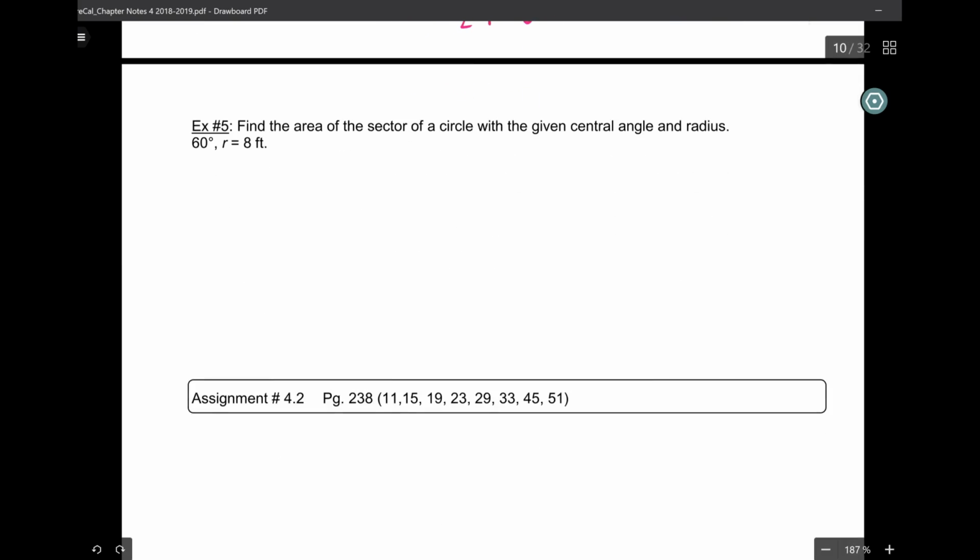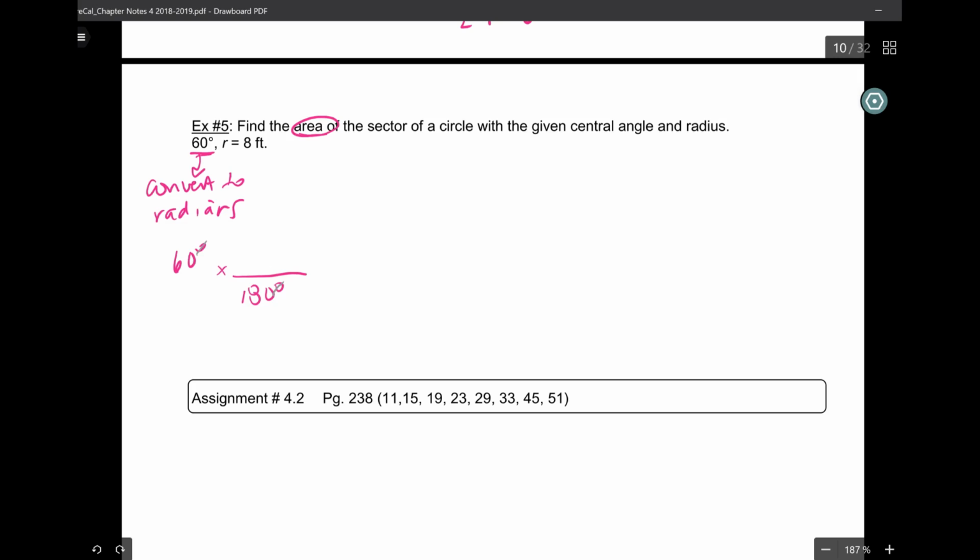All right, last example. Number 5, find the area of a sector. We're looking for the area of the sector with a given central angle and radius. Oh my gosh, why do they do this to us? Notice that we have the angle, but we have to convert to radians. So 60 degrees. I have to get rid of the degrees, so I multiply and make sure the degrees are on the bottom so they cancel out.